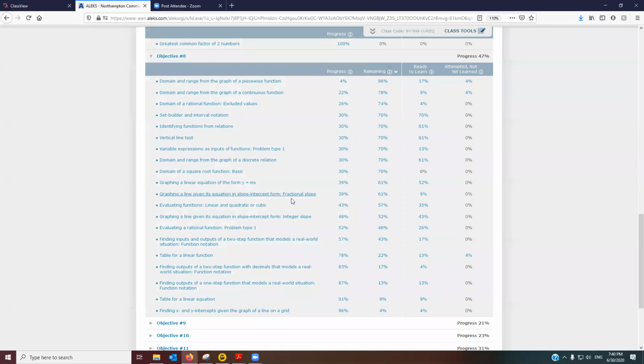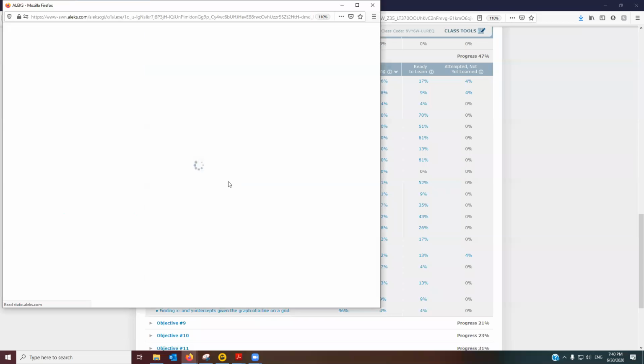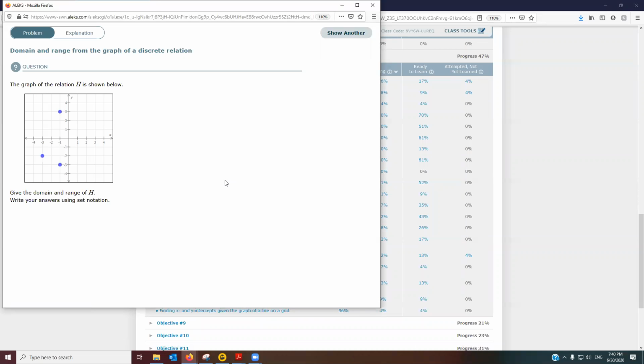All right, how about if we take a look at another example here? And this one is asking us to find the domain and range of this relation, which they really mean these blue dots. So first thing, let me just write down the XY coordinates for these blue dots.